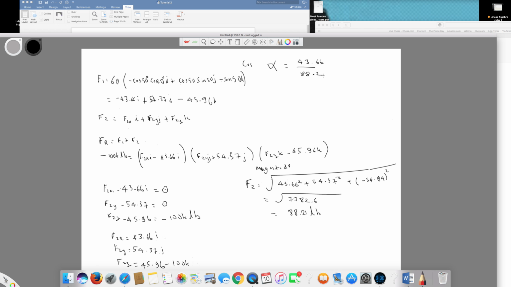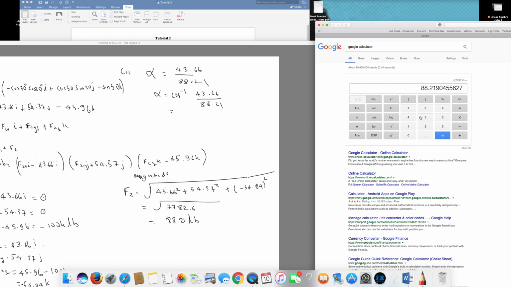In order to find alpha, which is the angle, I have to take the cos inverse of this. So cos inverse of 43.66 over 88.21. Let's find this one.